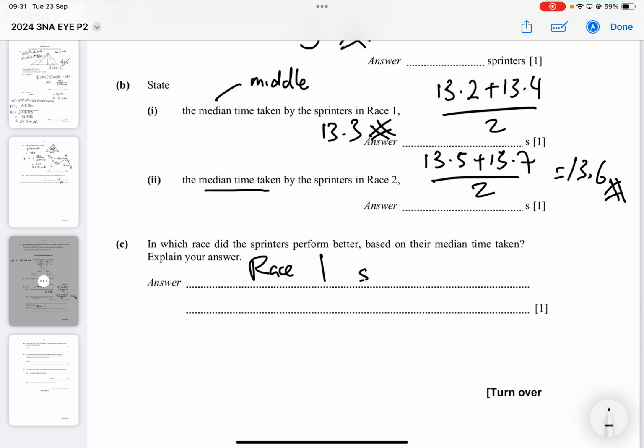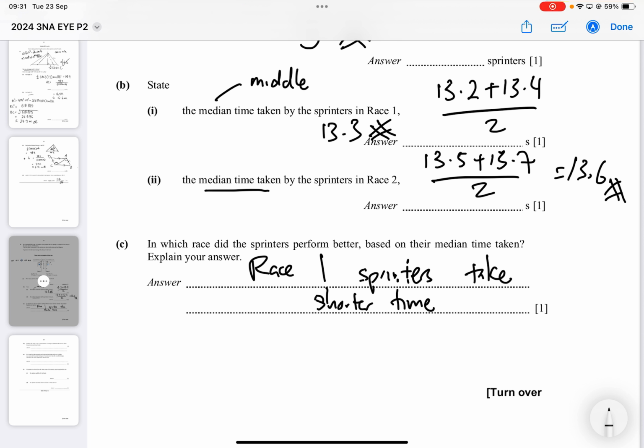Race 1, because race 1 sprinters take shorter time. Means they are faster.